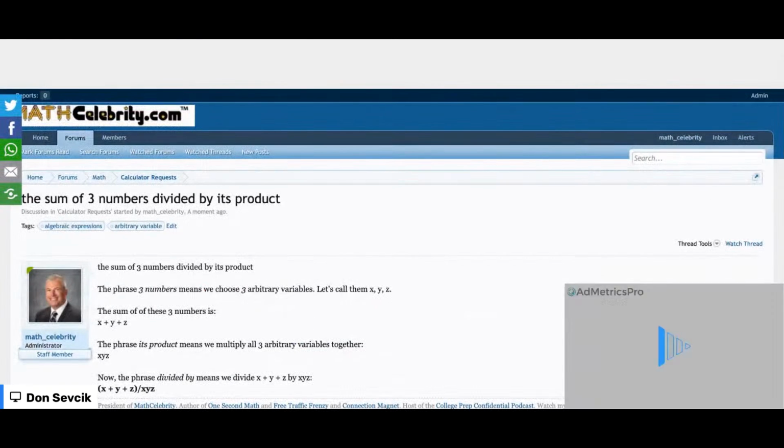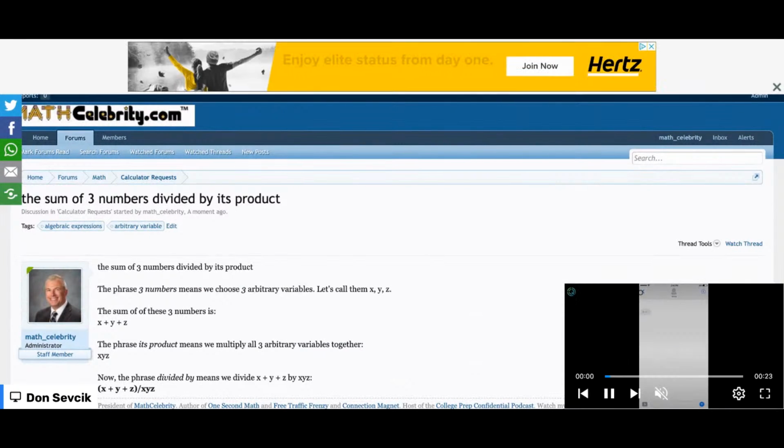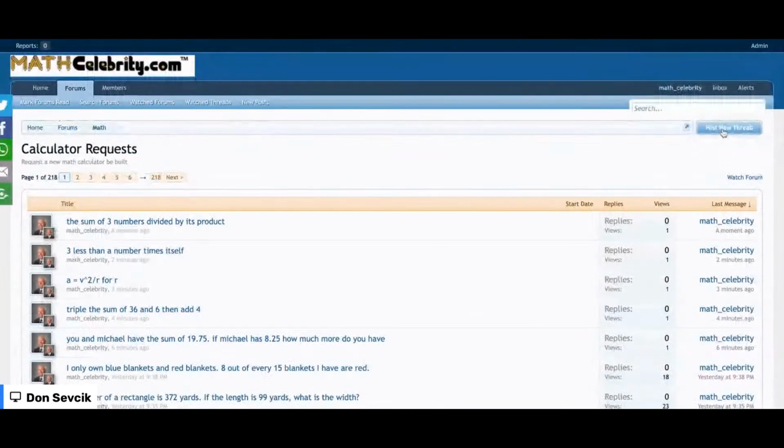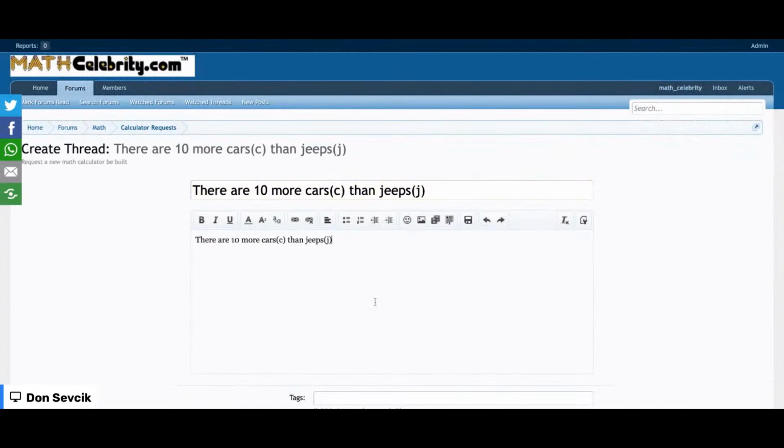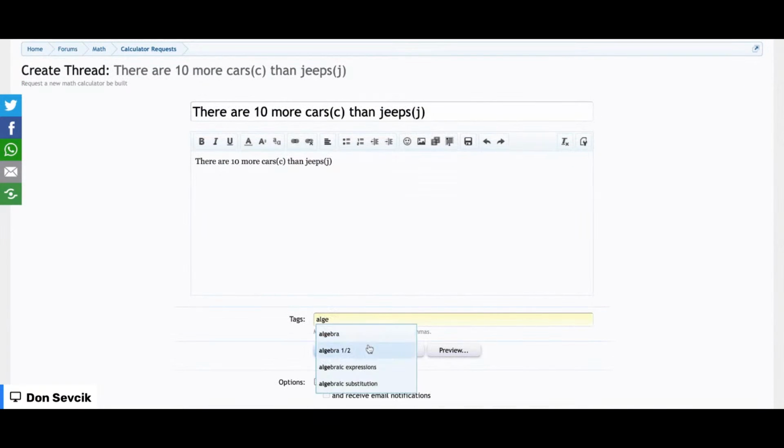Right. There are 10 more cars than Jeeps. This is another algebraic expression problem. And they've even given you the variable to use. So in the last couple live streams, I say you can choose your own unless it's given. This time it's given. So there are 10 more cars than Jeeps.